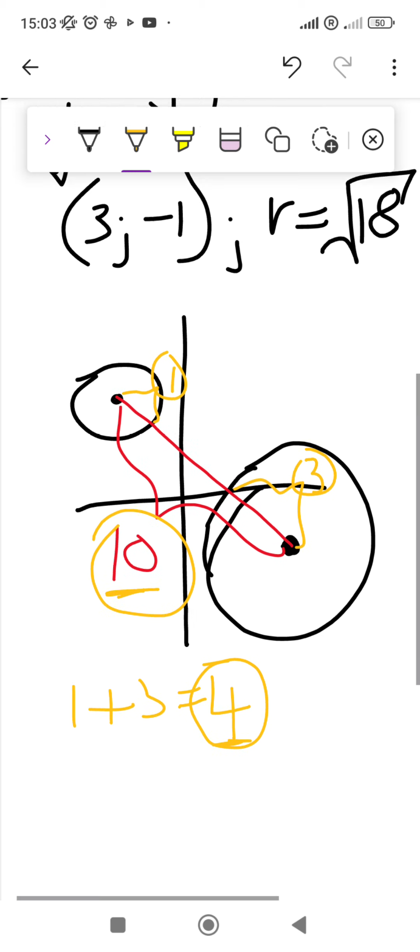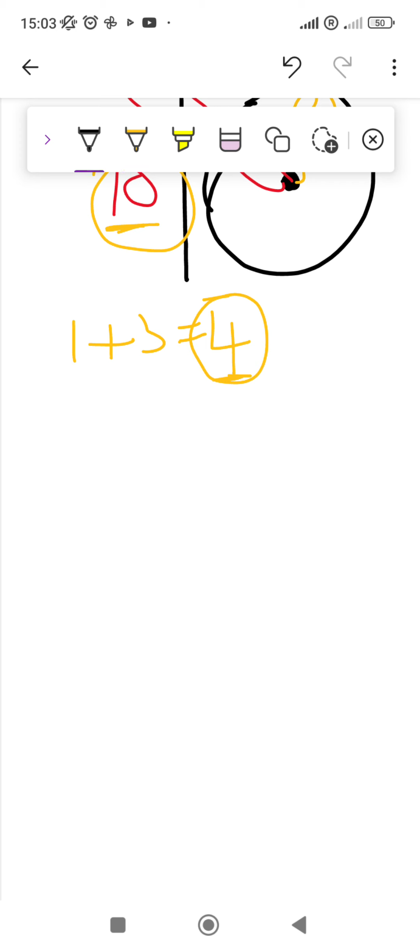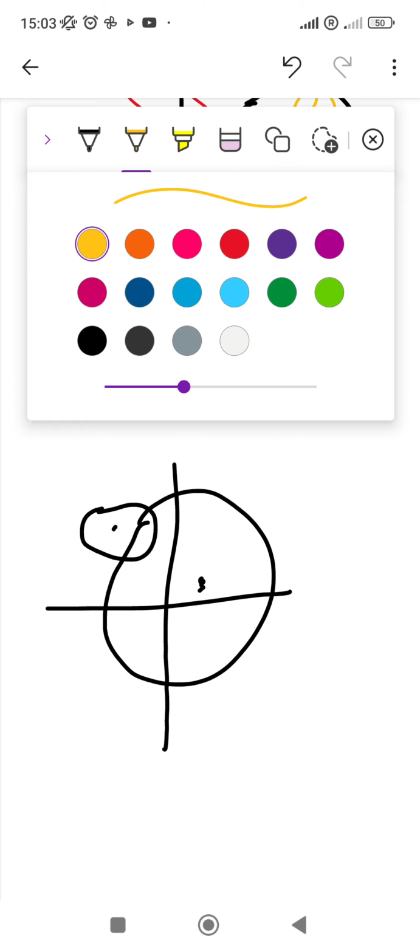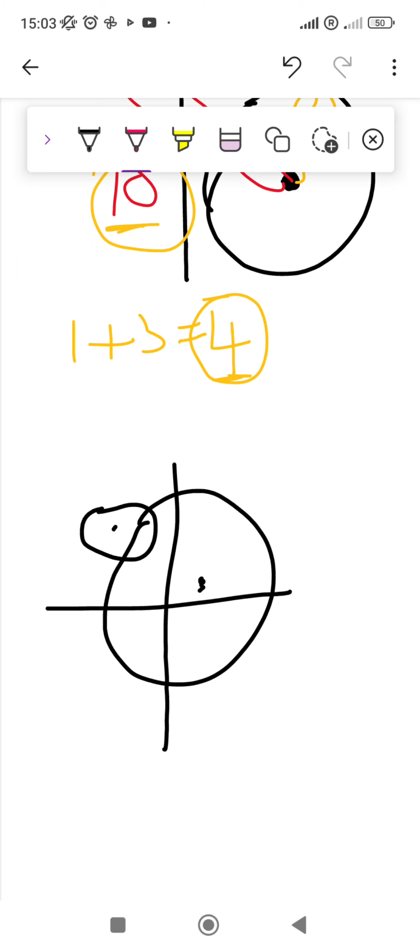Okay, let's look at another example, right? Let's say we have two circles over here and we have the center of both of them. First thing we said was we're going to find the distance between the centers. So let's find the distance between them, and maybe that distance, okay, again, random numbers, maybe that distance is 5. Okay, and then after that you're going to find the radii of the circles.